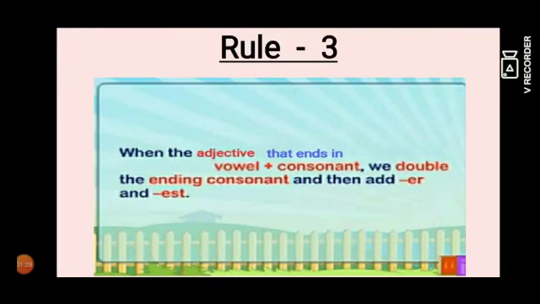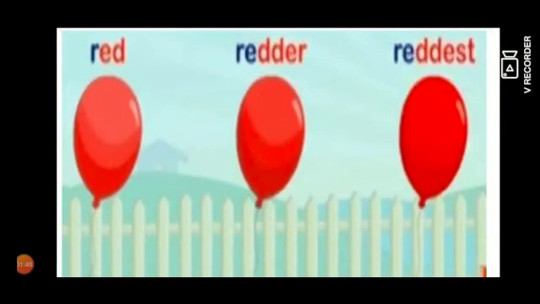Rule number 3. When the adjective ends in vowel plus consonant, we double the ending consonant and then add er and est to the adjective. For example, red. Here, red is an adjective in which e is the vowel and it is followed by a consonant at the end.